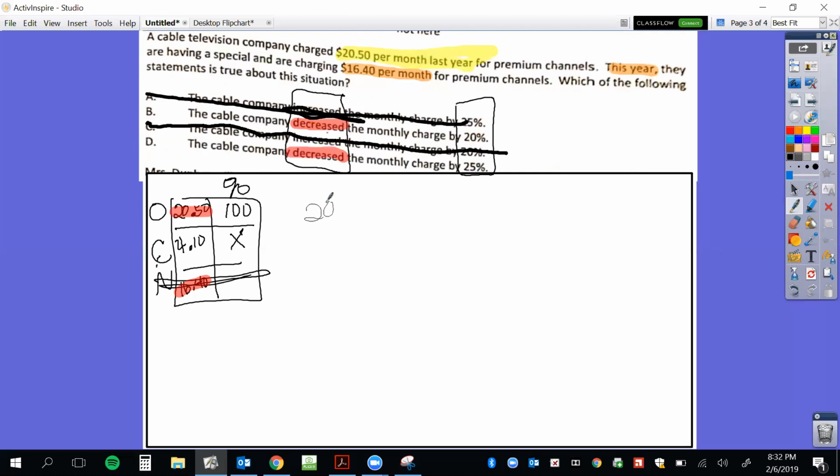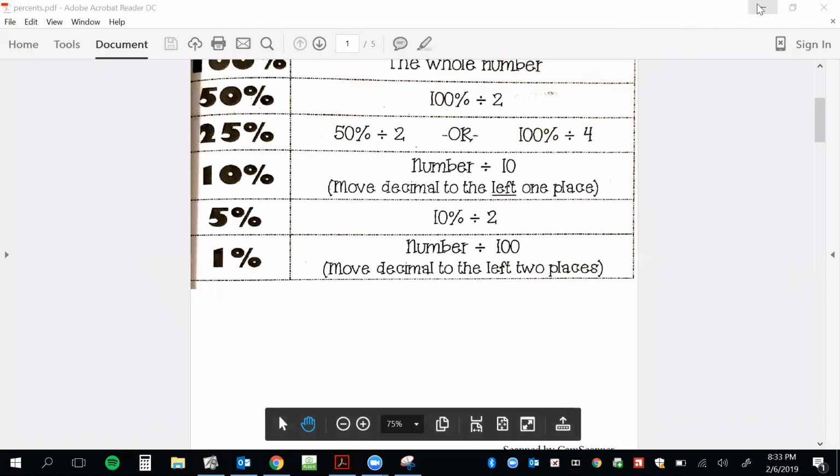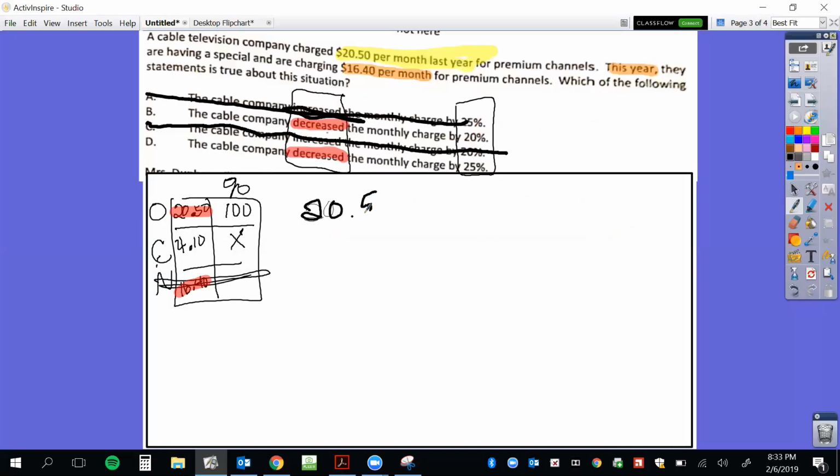So I'm going to put 20.50 over 4.10, that's going to equal 100 out of X. All right.